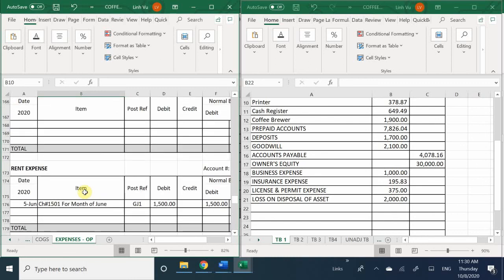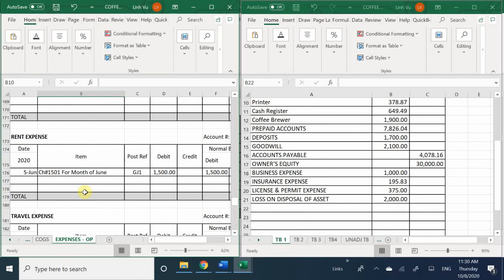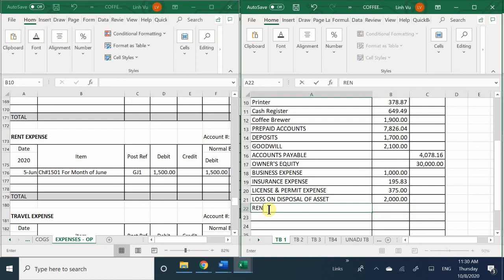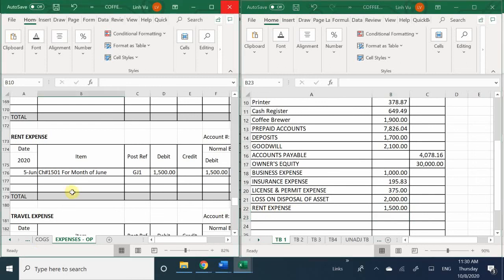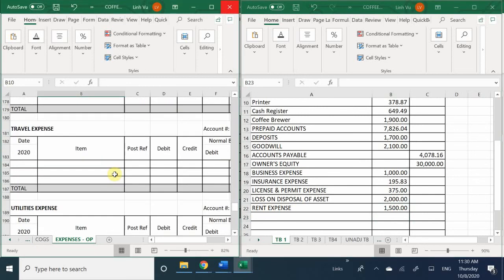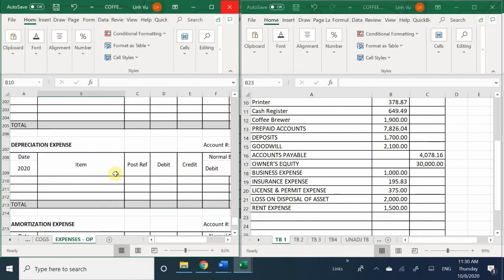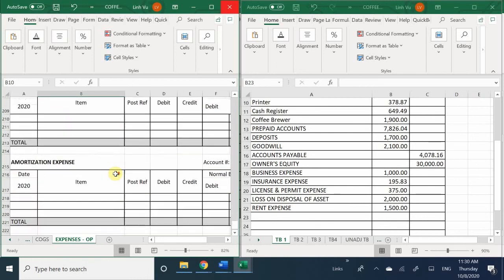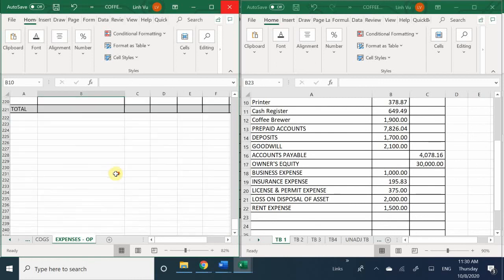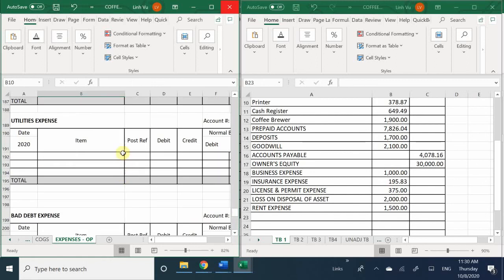And then what about rent expense? Yes, we did indeed have a rent expense for $1,500. Okay. And I'm going to quickly scroll down. Do we have travel expenses, utility expenses, bad debt expense, depreciation expense, and amortization expense? We had none of those.